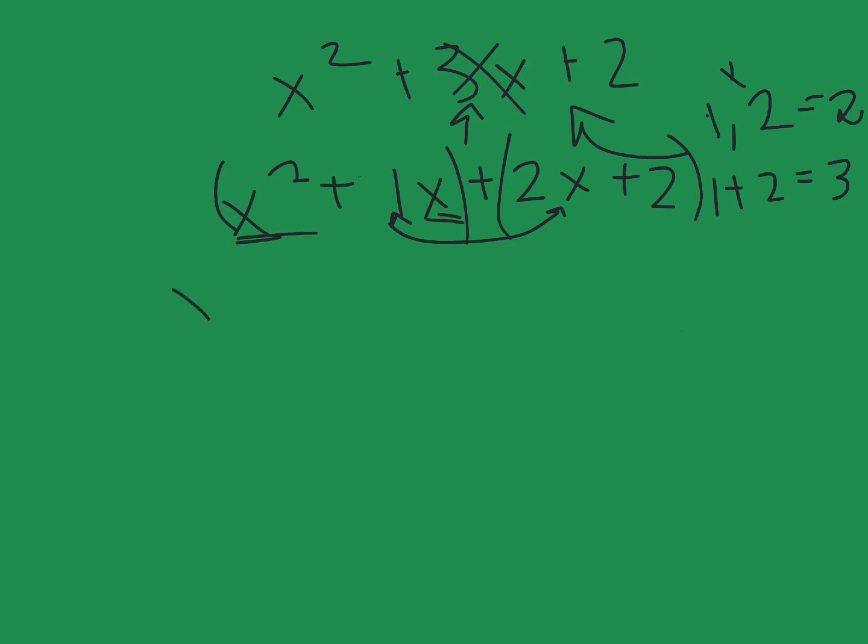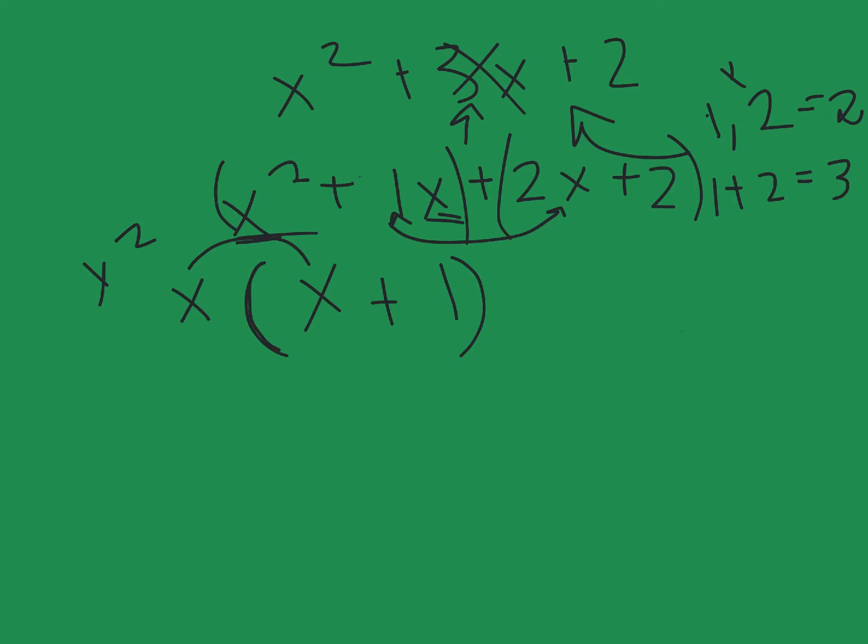I can put an x here, then x plus 1, right? Because x times x equals x squared, and x times 1 gives me 1x. So it's just the same thing. We're just expanding but simplifying our parentheses here.